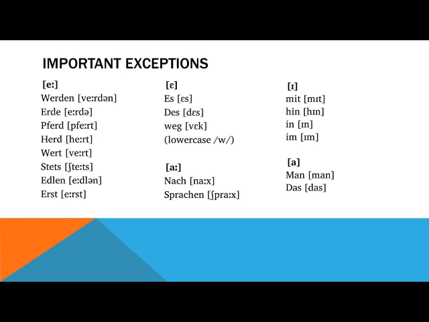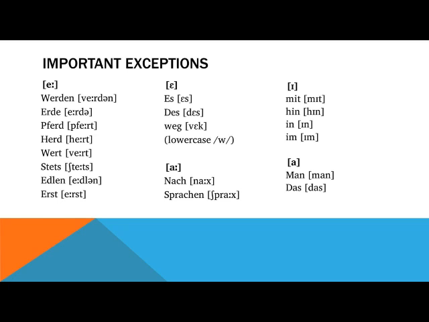The written E is followed by two consonants, but we still use the closed E. Werden, Erde, Pferd, Hirt, Wert, stets, edlen, erst.